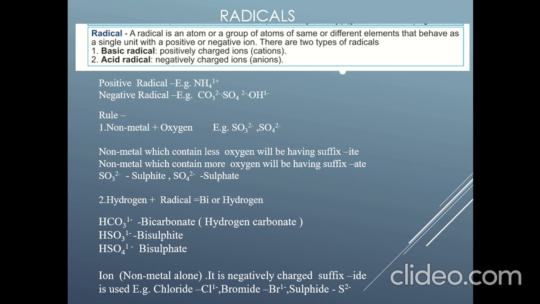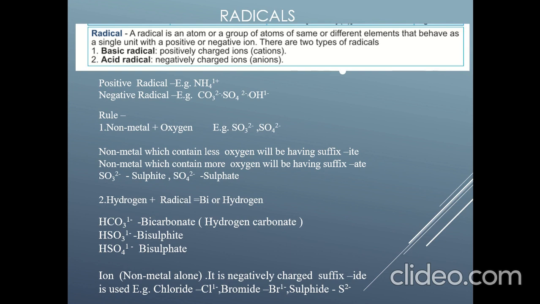Now, in case of radicals, the second rule is that when hydrogen combines with a radical, the prefix used is bi or hydrogen. For example, HCO3-, that is bicarbonate, which is also called hydrogen carbonate. HSO3- is bisulfite.